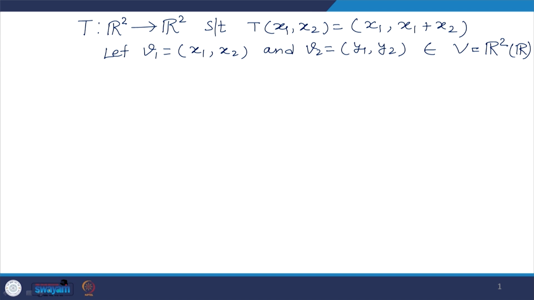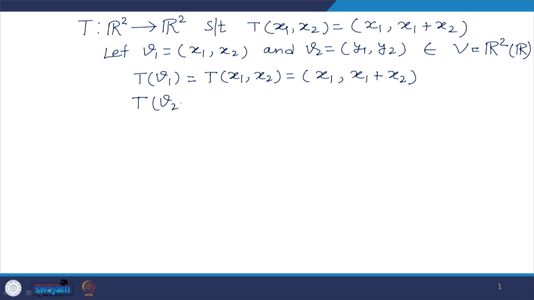Again we are taking the field as the field of real numbers, but this definition is true for any vector space defined over any field. Now, T of V1 equals T of (x1, x2), which is (x1, x1 plus x2).